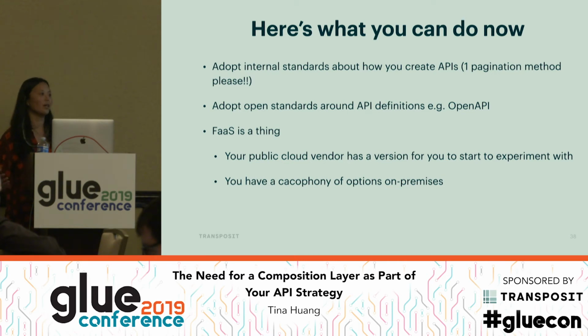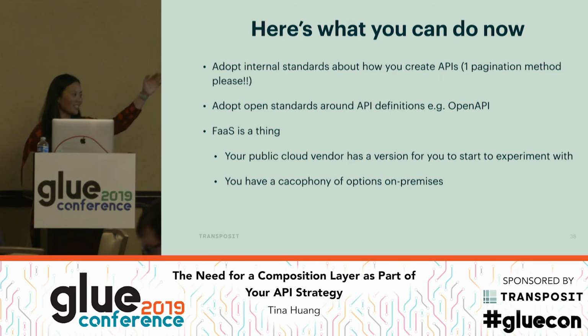Please just select one pagination method, consolidate on OAuth 2. Adopt open standards. I know a bunch of you are part of the OpenAPI committee, so plug to OpenAPI. It's great. And function as a service, I think it's a thing. So if you're using the public cloud, every public cloud vendor has a version of this, and there's a ton of options for on-prem.